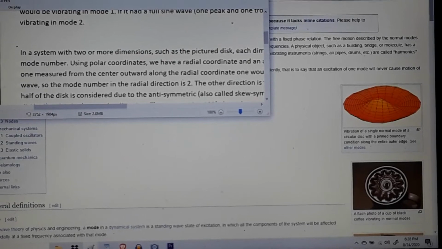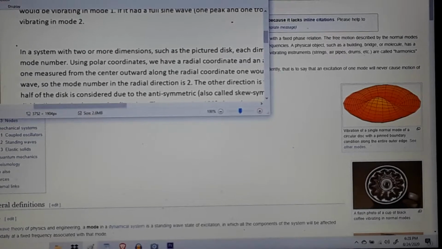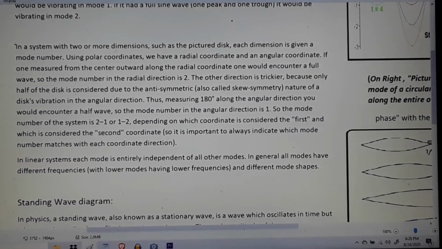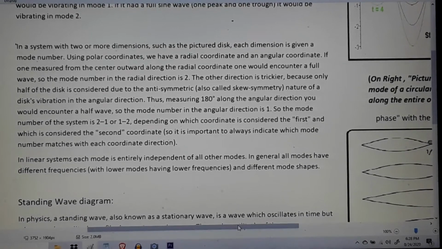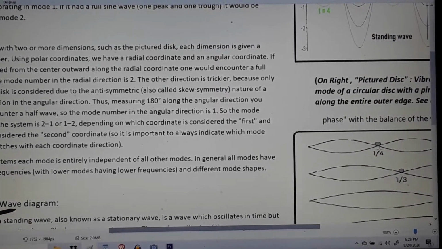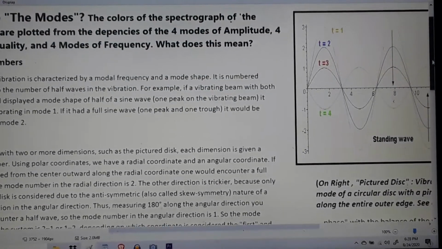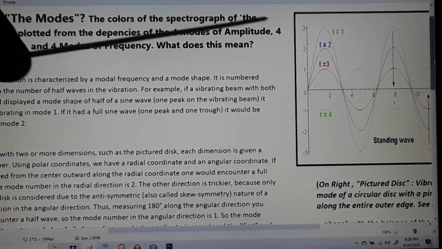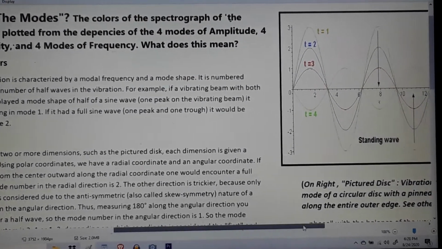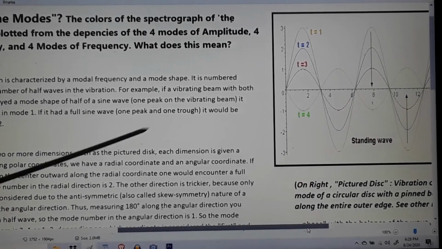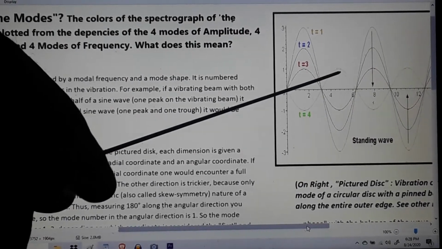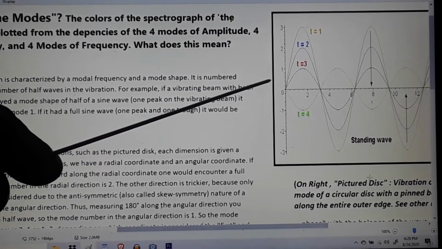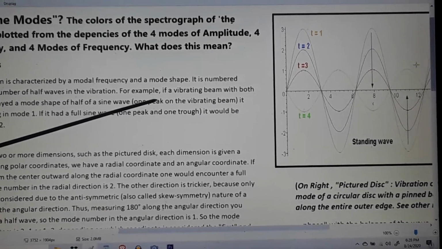Modes. Okay. So, our standing wave diagram is this right here. Now this is one of the more important things to understand about the modes of the Schumann harmonics resonance.